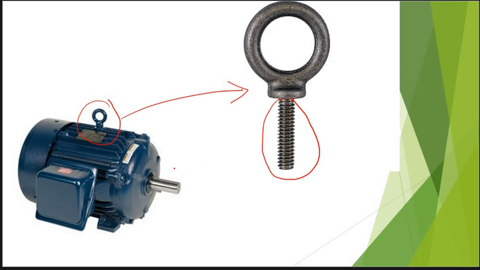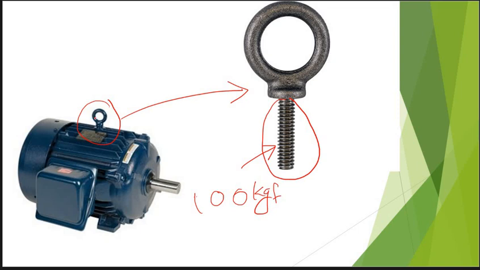Suppose this electric motor has a weight of 100 kilogram force. Now if you are lifting this electric motor with the help of this eye bolt, the weight of this motor will act on this threaded part. So this is an external force.